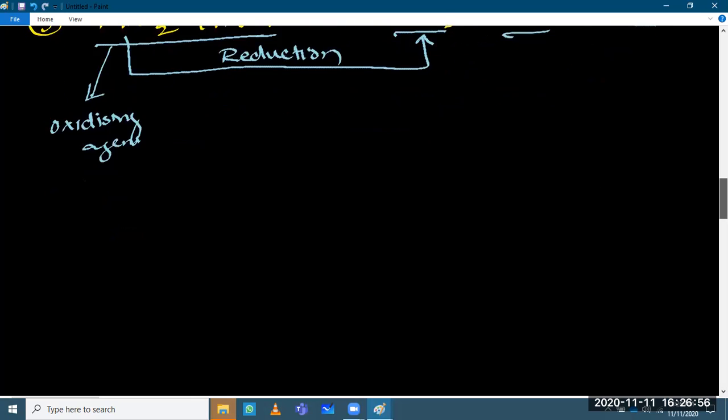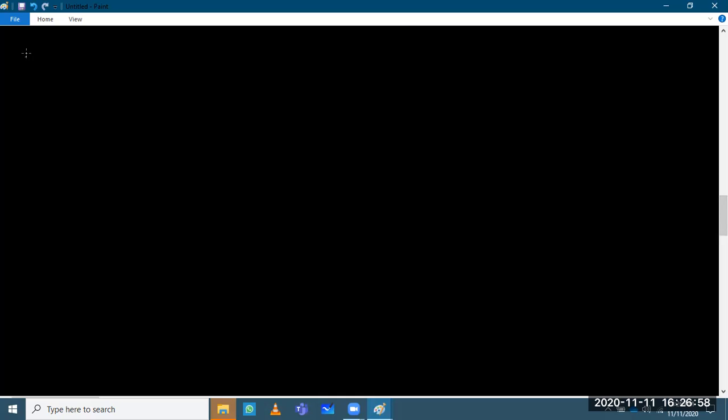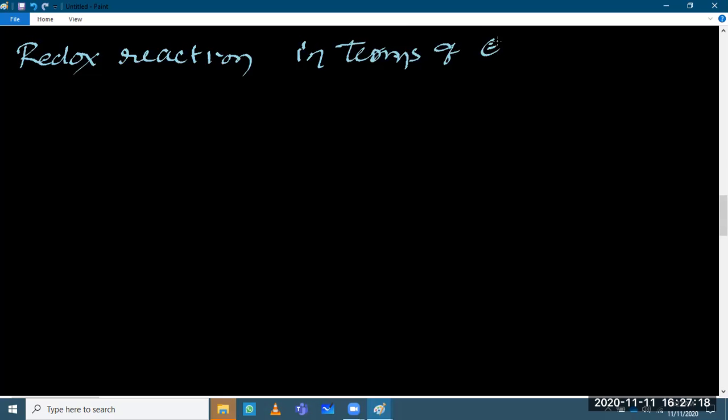In terms of electron theory, how do we study redox reactions? Redox reactions in terms of the electron theory, the electronic concept.